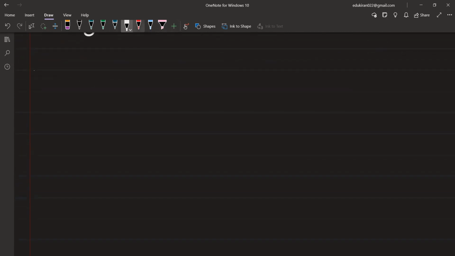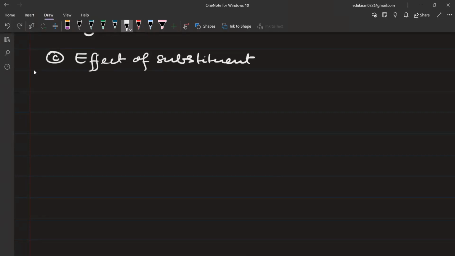Effect of substituent. This is the C part. चलिए इसमें लिखिए.